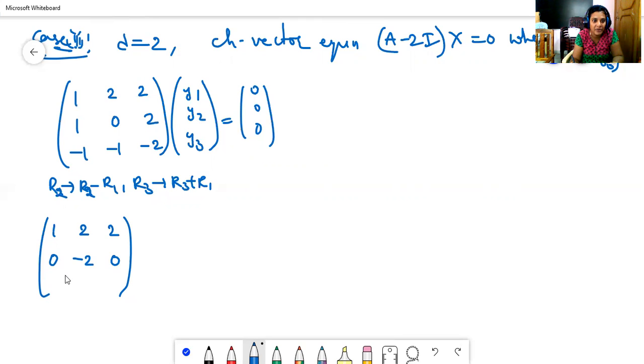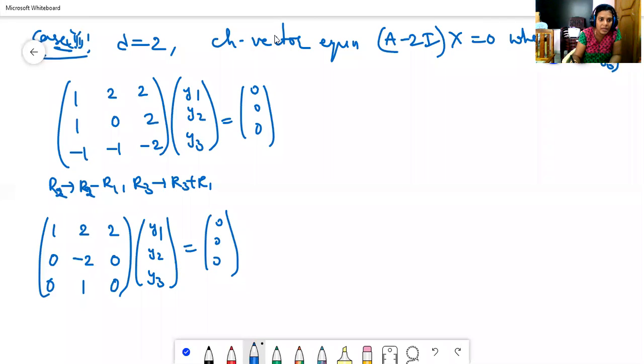1 plus 1 is 0, minus 1 plus 2 is 1, minus 2 plus 2 is 0, into y1, y2, y3 is equal to 0, 0, 0. Next here, this is reduced to, R3 into 2, R3 plus R2.